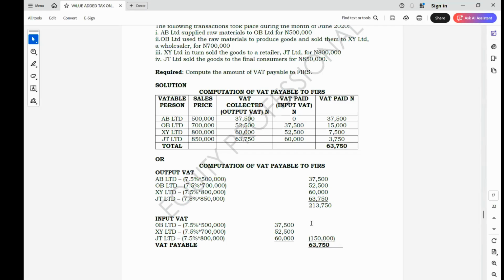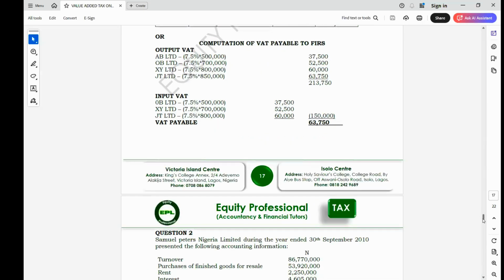The difference between the output and input VAT will give us the VAT payable, which is 63,750. Either of these two can be adopted in the exam when you are given a question related to a chain of distribution as far as value added tax is concerned.